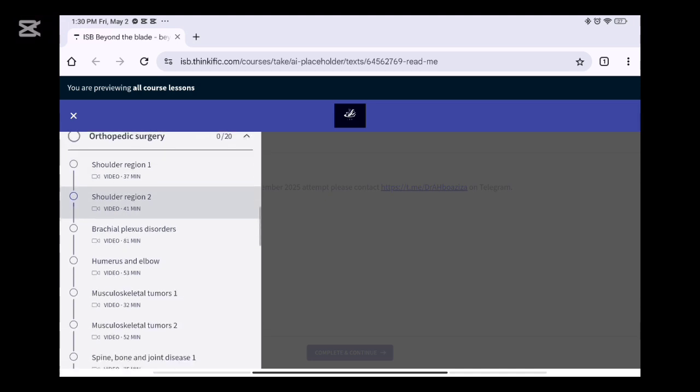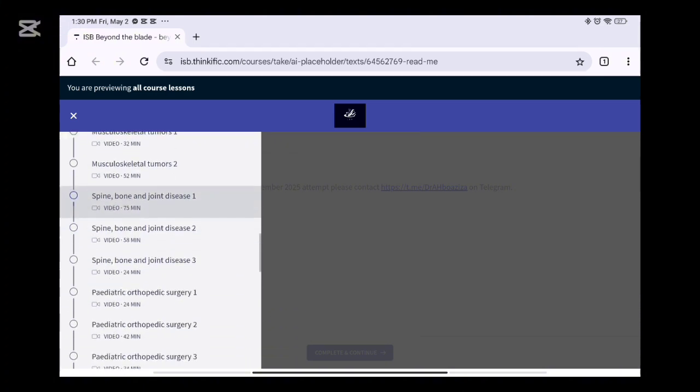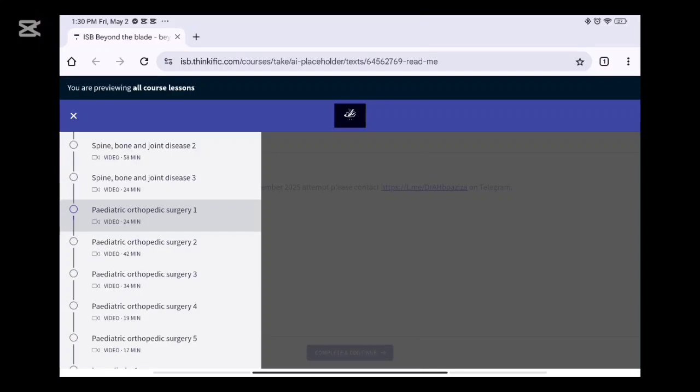Problems in the shoulder region, brachial plexus problems, fractures or dislocations or other conditions concerning the humerus and elbow, tumors affecting the bone, infectious conditions of the bones and joints, etc.